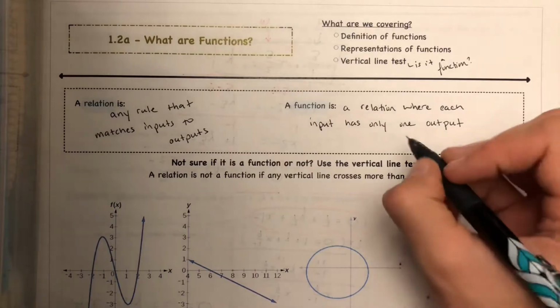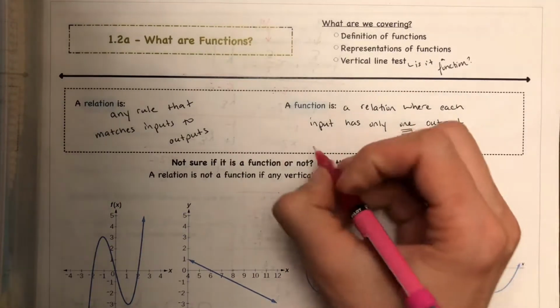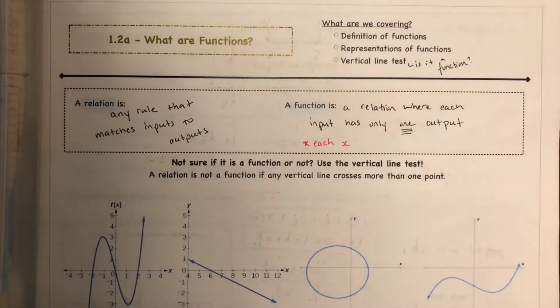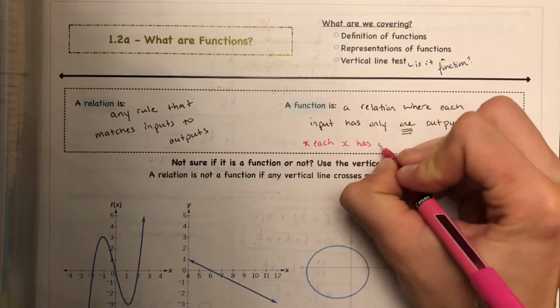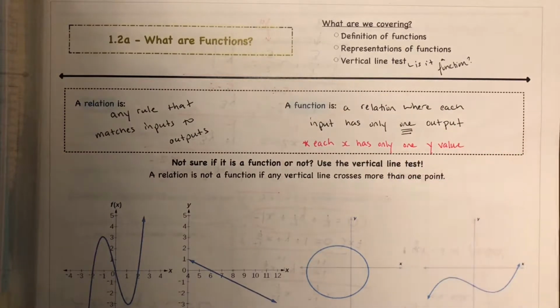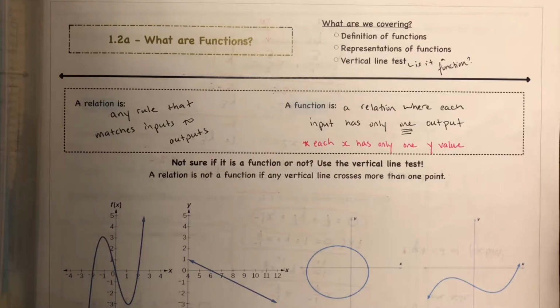In layman's terms, each x in our function, in our equation, only maps to one y. So if x is 2, you only have one answer, y must be 4. You don't have situations where x is 2 and y is 7, and x is 2 and y is 9. That would not work for it to be called a function.